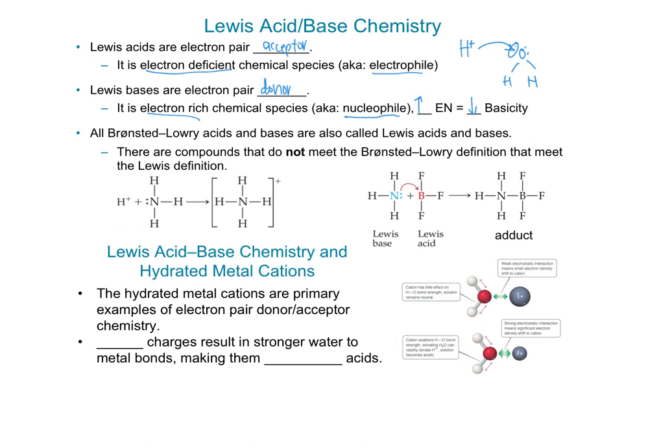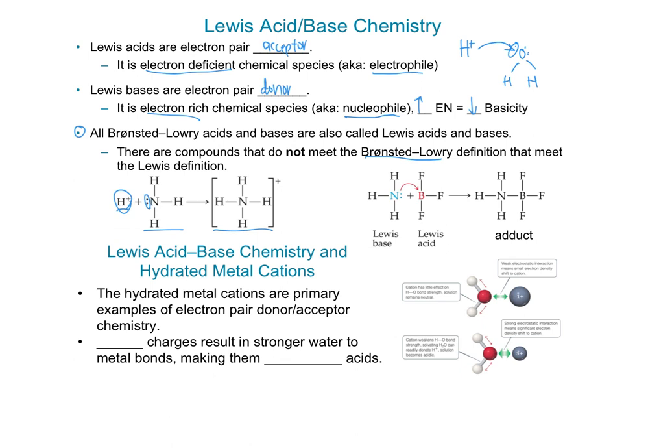Okay, so like I said, all Bronsted-Lowry acids and bases still meet the Lewis criteria. But there are some that don't qualify as Bronsted-Lowry, but do meet Lewis. So here is ammonia with hydronium to make ammonium. Deficient in electrons, rich in electrons.